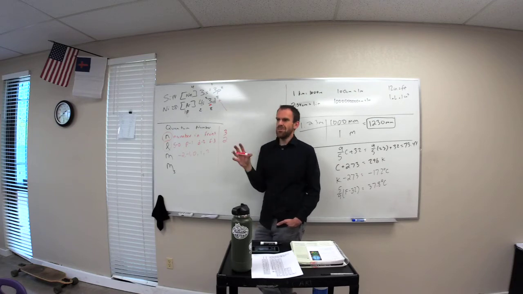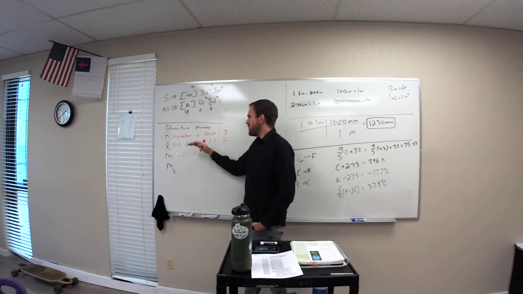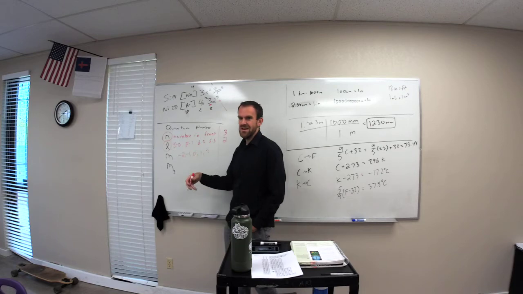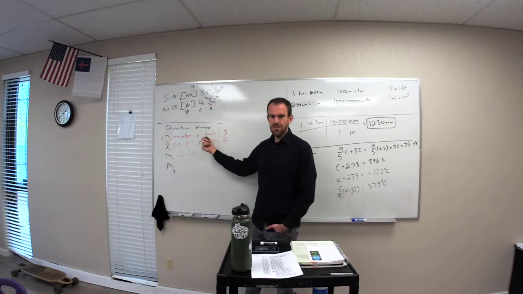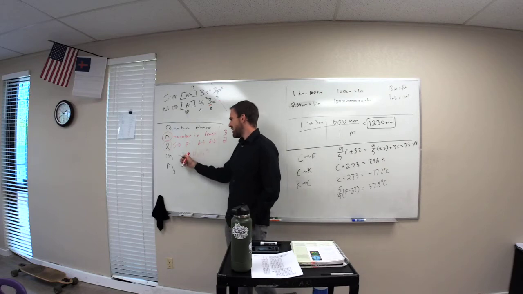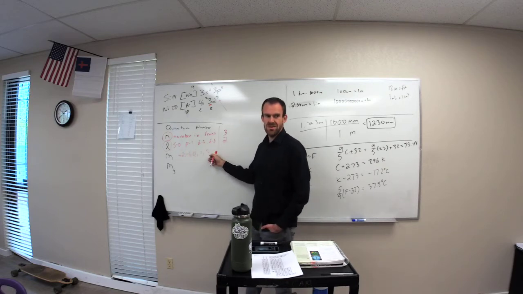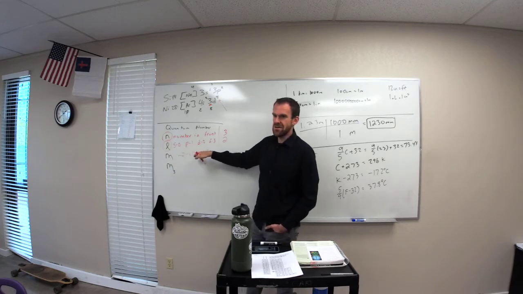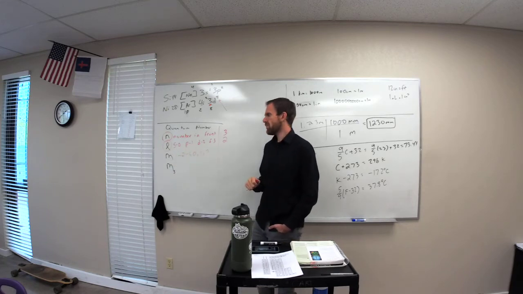Remember that giant table we made: for S, you can have 0. If you have P, you can have -1, 0, and 1. For D, you can have -2, -1, 0, 1, 2. For F, you can have -3, -2, -1, 0, 1, 2, 3. Okay?